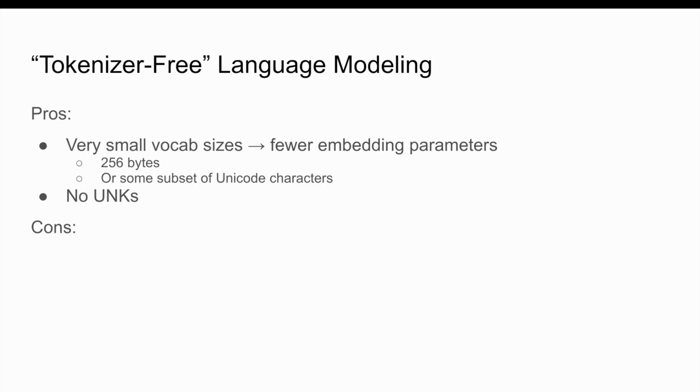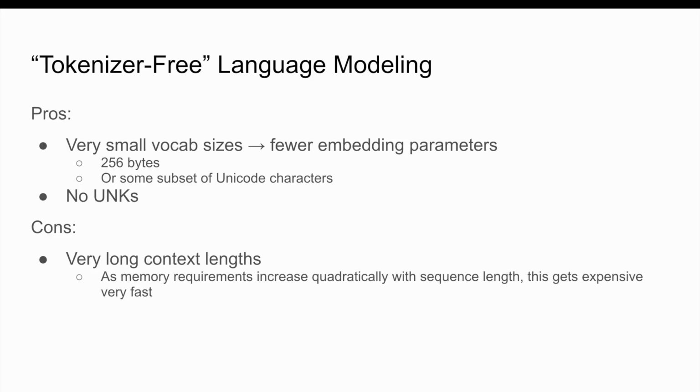Some of the cons, and I think the main reasons why this hasn't caught on very much, is that you get extremely long context lengths. Most tokens are often 4, 5, 6, or many more bytes long. So you're multiplying your sequence length by at least 4 or 5. And as memory requirements increase quadratically with sequence length, this gets expensive very fast for both training and inference.